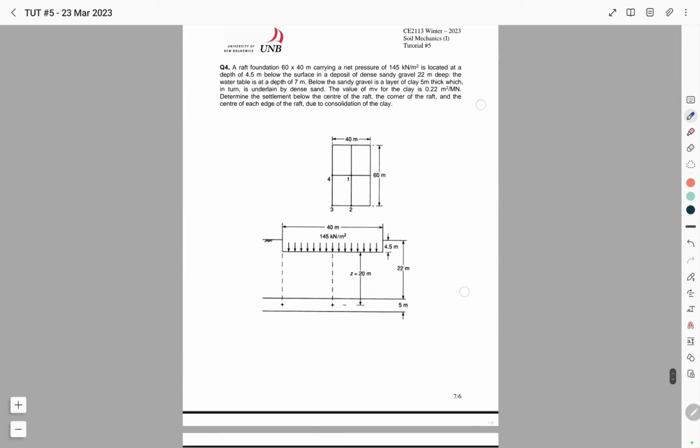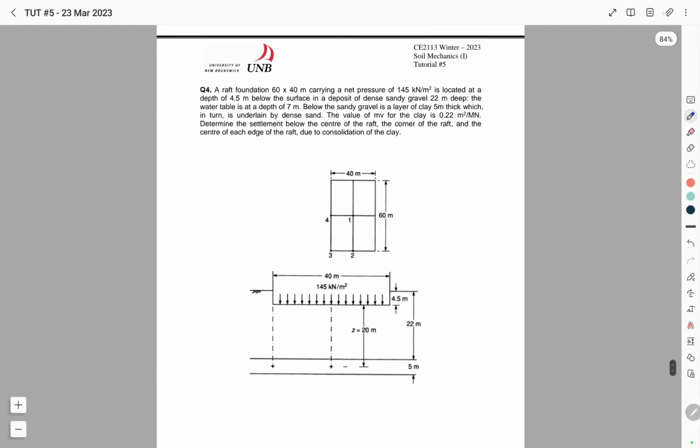Now we're going to go through question 4. In question 4, a rectangular raft foundation carrying a net pressure of 145 kilonewton per square meter is located at a depth of 4.5 meters below the surface in a deposit of dense sandy gravel 22 meters deep.